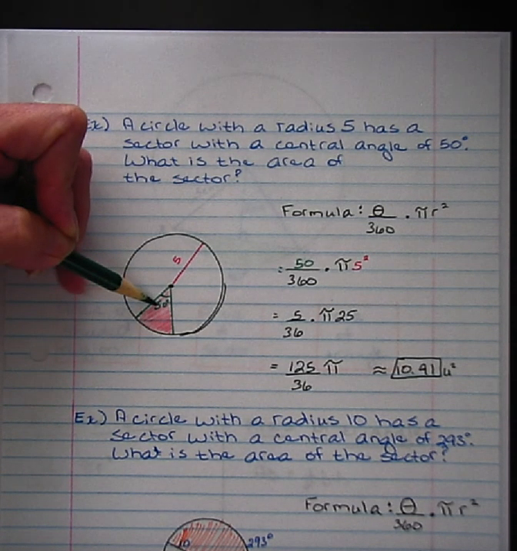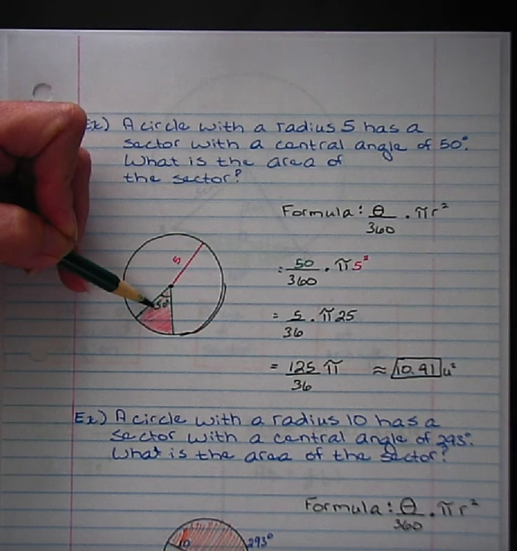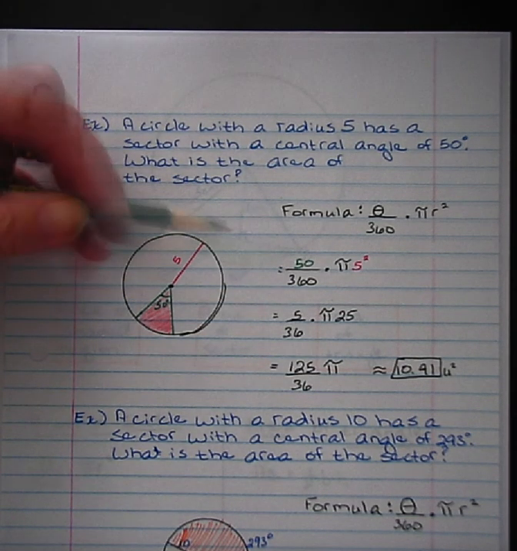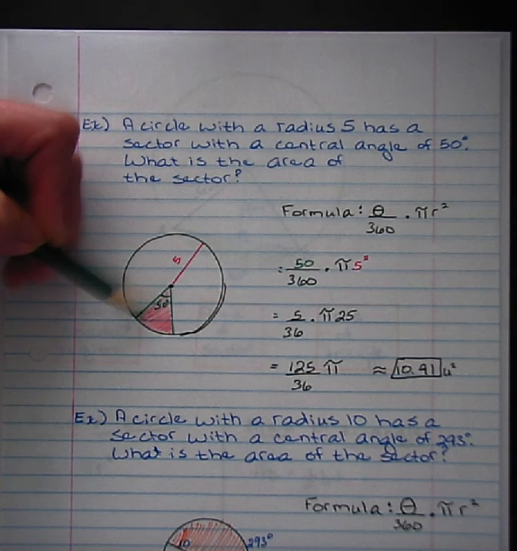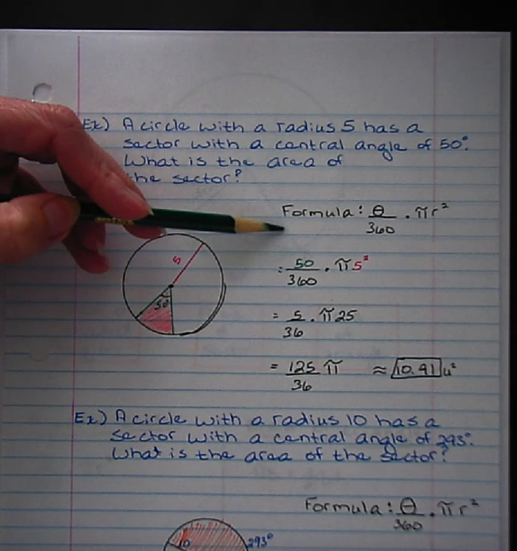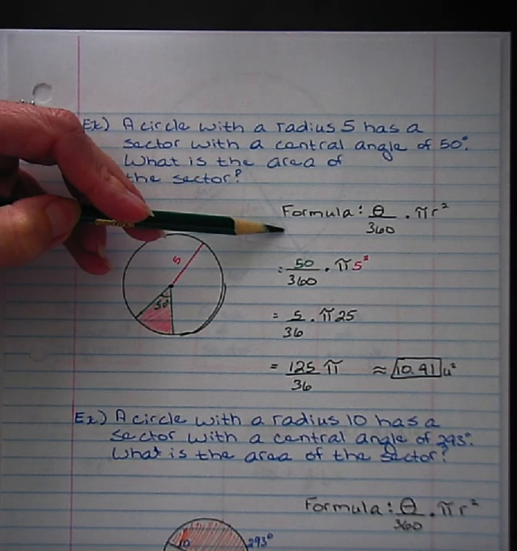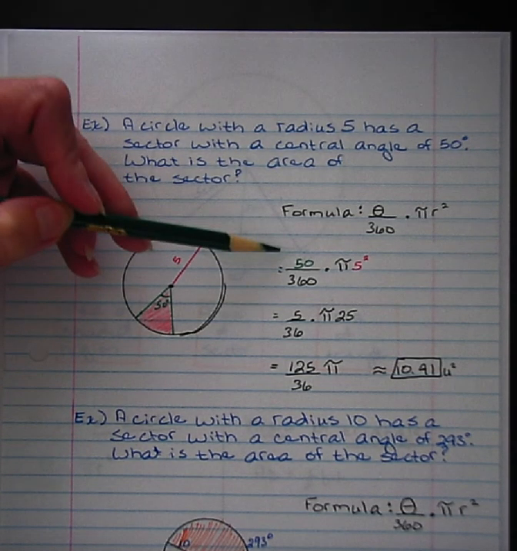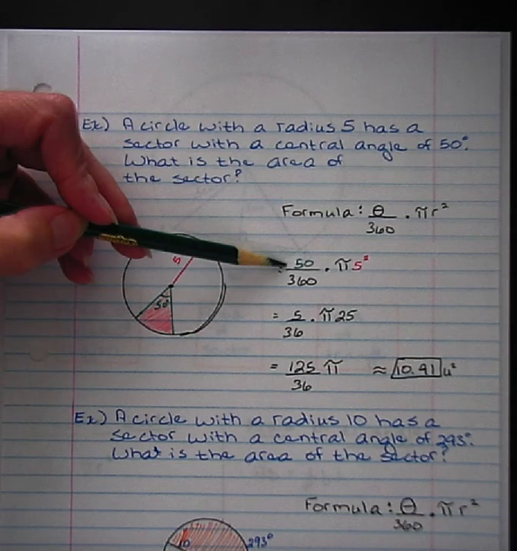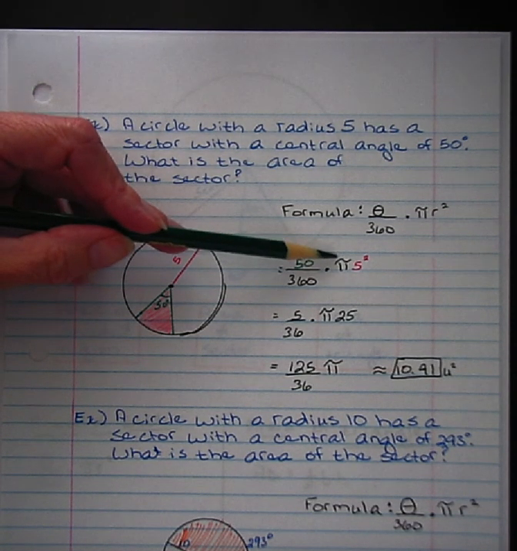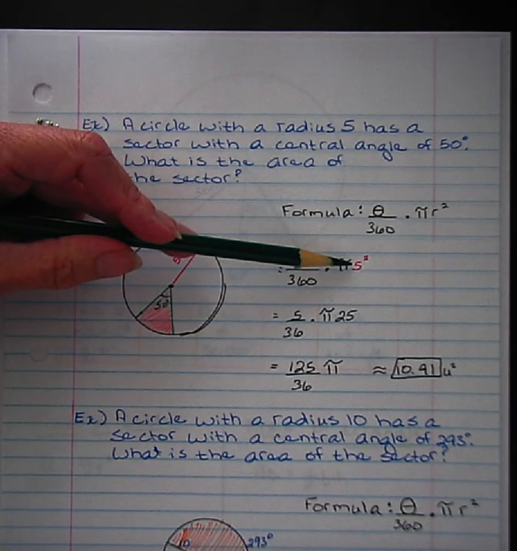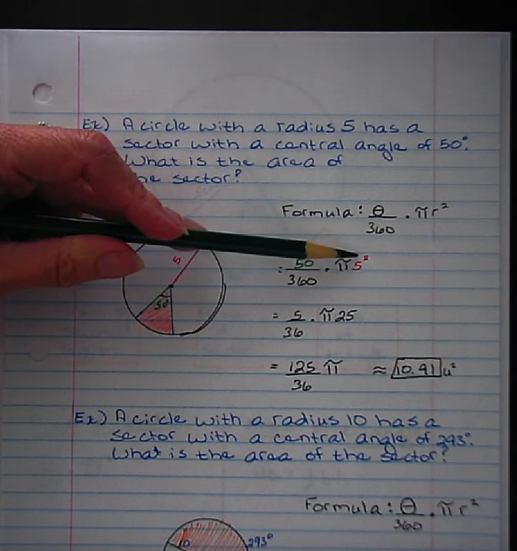My central angle was 50, and so we want to find the area of this shaded region right here. So we're going to use our formula, theta over 360 times our pi r squared. Our central angle was 50, so we're going to put 50 over 360 times pi times our radius, which is 5 squared.